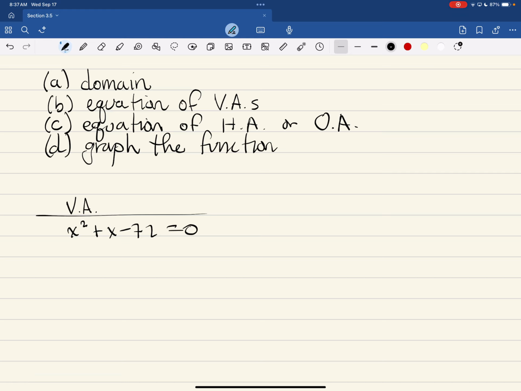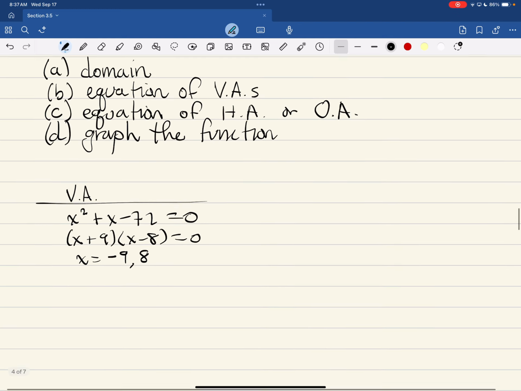So if I have a positive 9 and a minus 8, flip the signs. I flipped the order and not the signs. You have minus 9 and 8. Okay, so we have our two vertical asymptotes.